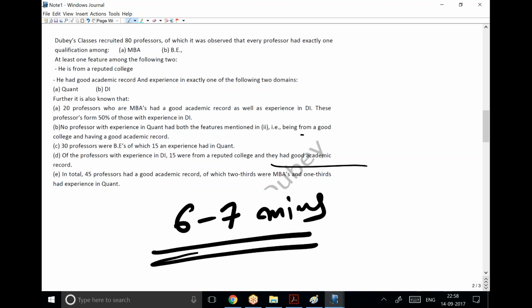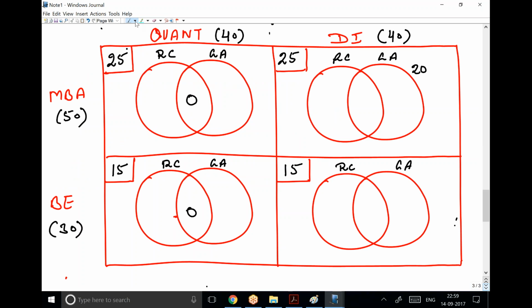So they are saying 15 of them are from a reputed college and are having a good academic record. Right? So see what exactly they are saying here. Of the professors who are having experience in DI, they're talking about DI here. So of this DI, 15 are from a reputed college and having a good academic record.